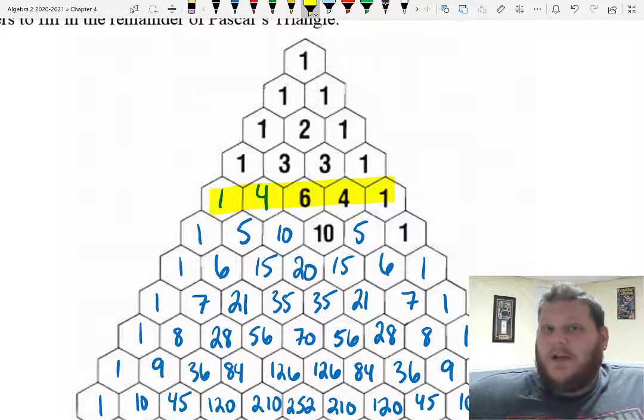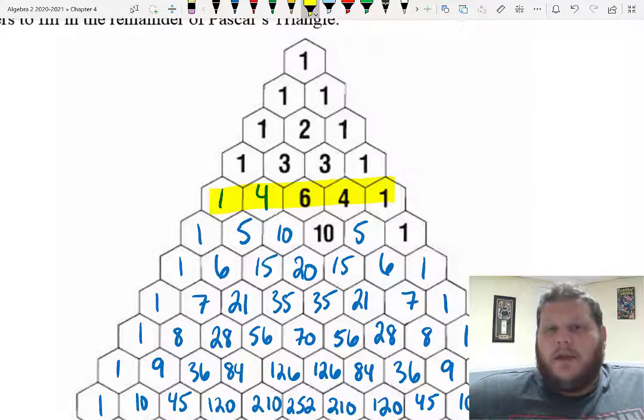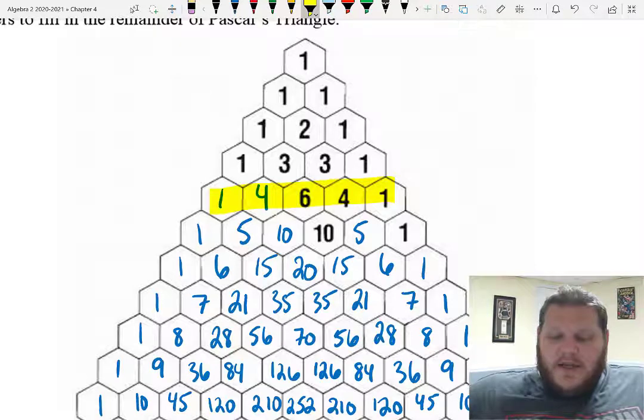And that's not by coincidence. Interestingly enough, these rows end up describing the coefficients when I expand a binomial. A binomial, again, just means a 2-term thing, x plus 1 in our case. When we expand that to different degrees, these are what my coefficients end up being.